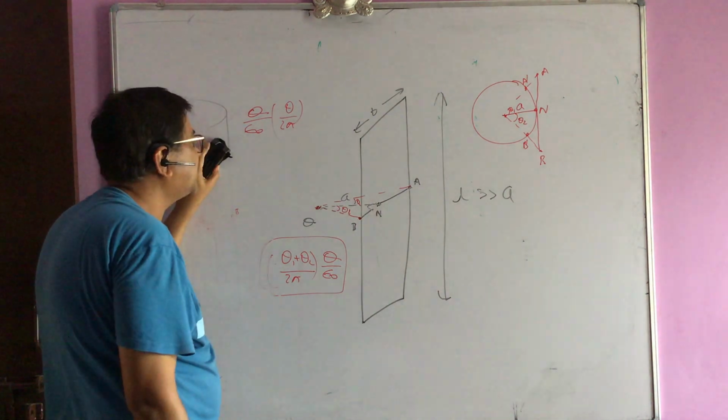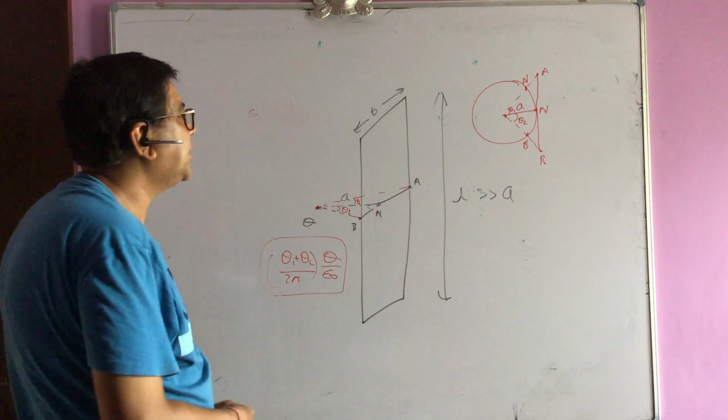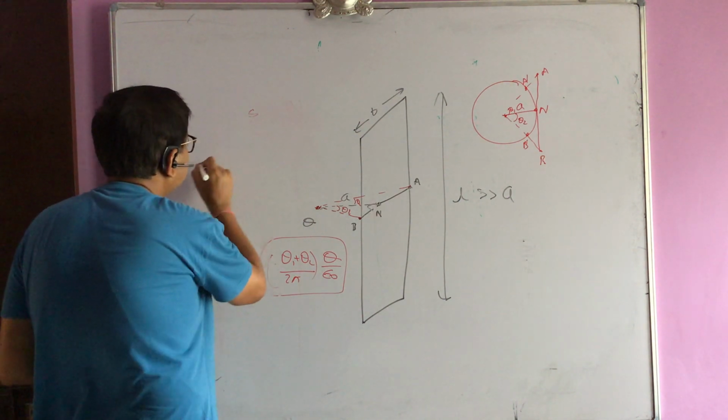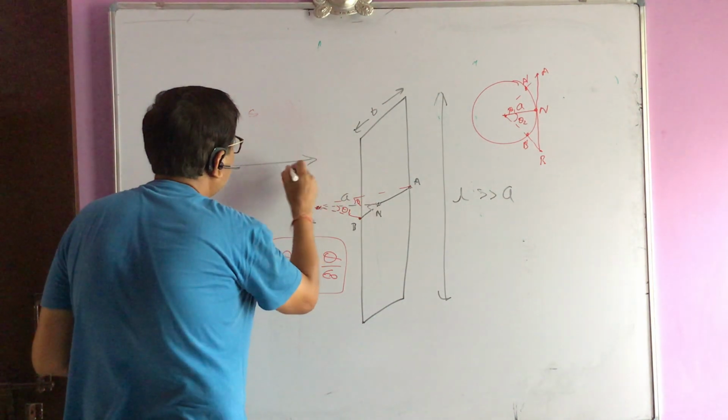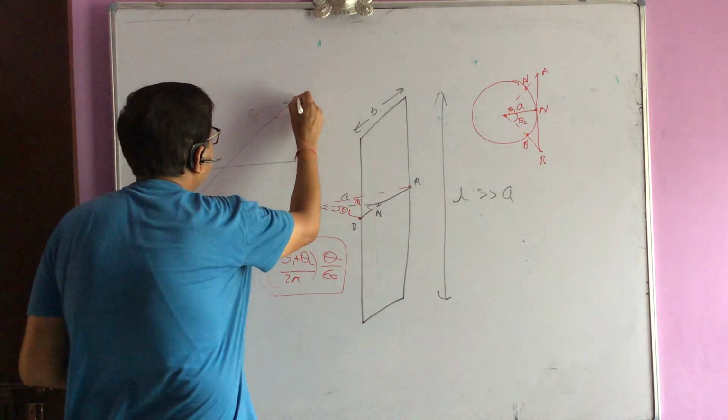So what I am doing now, I am taking a case of the presentation of this question mathematically. Sometimes we are presented the question mathematically. So what I am doing here, I am taking a long sheet that is lying in YZ plane.